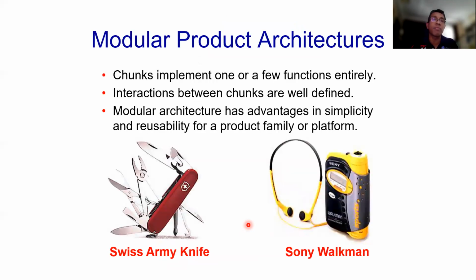So for modular product architecture, another example you can see here, like the Swiss Army knife, they have one blade for one function, one tool for each job. I'm not sure you still know this one or not, but this is a Sony Walkman.